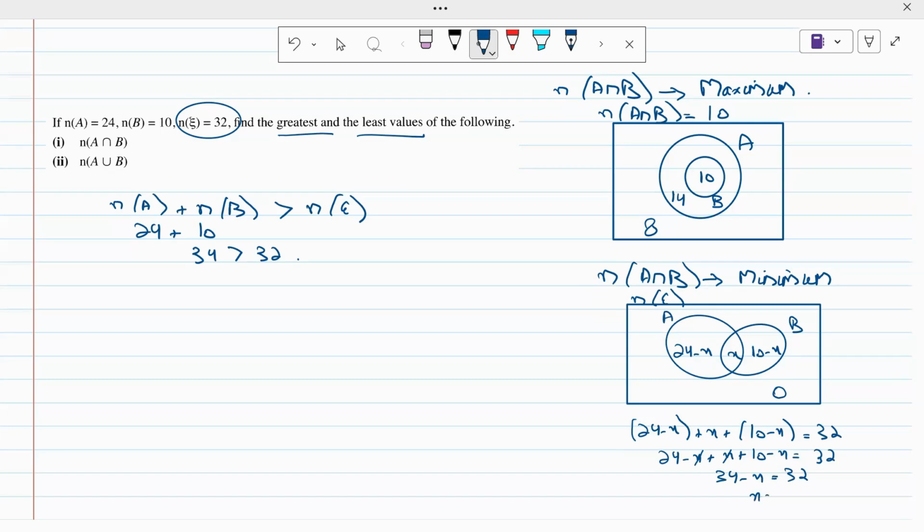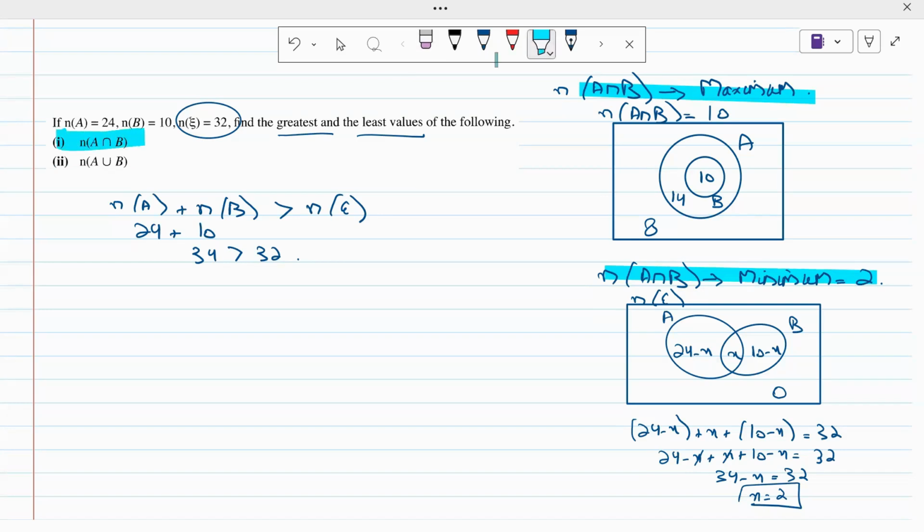And we get x as 2. So the minimum value in this case is 2. Both these questions were about intersection, intersection being maximum, intersection being minimum. So we have done the first part.